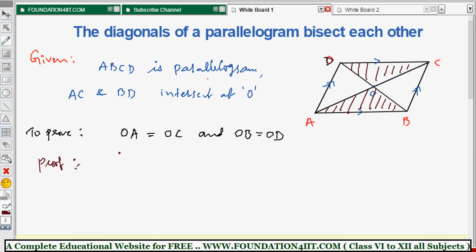So take one triangle OAB and triangle OCD.